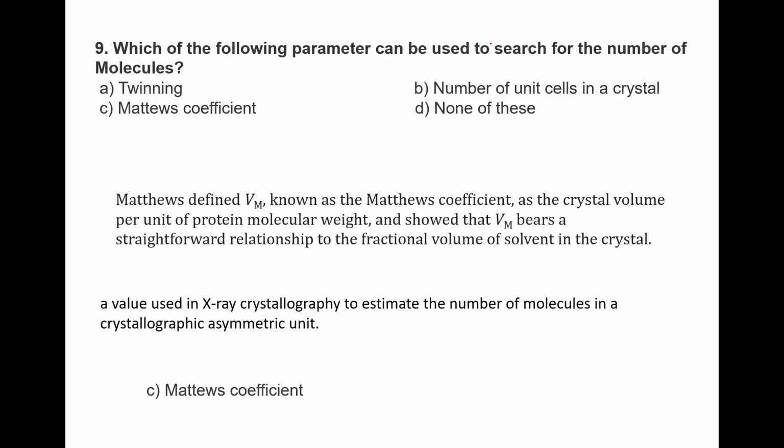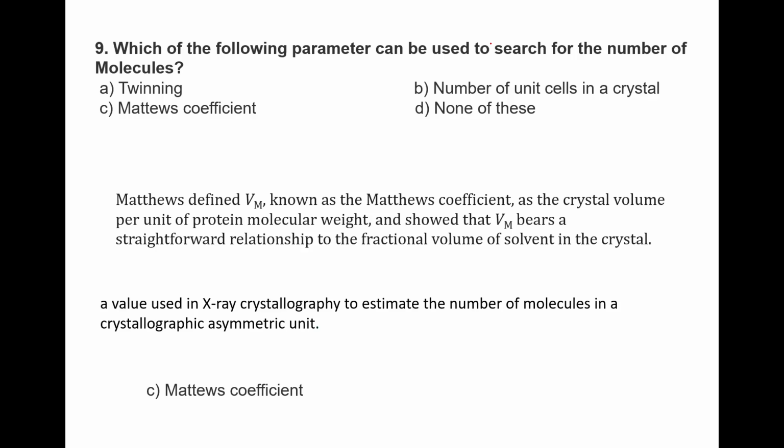Which of the following parameters can be used to search for the number of molecules? Sometimes, when you have associated these heavy atoms into the molecule, you want to calculate how many molecules are present in your crystal. For doing that, there is a coefficient known as the Matthews coefficient that Sir has talked about. The Matthews coefficient is the crystal volume per unit of protein molecular weight, and it shows that Vm bears a straightforward relationship to the fractional volume of the solvent in the crystal.